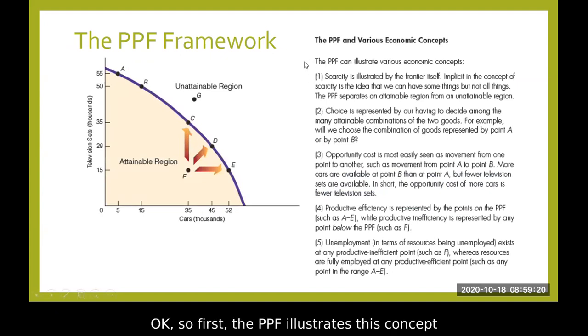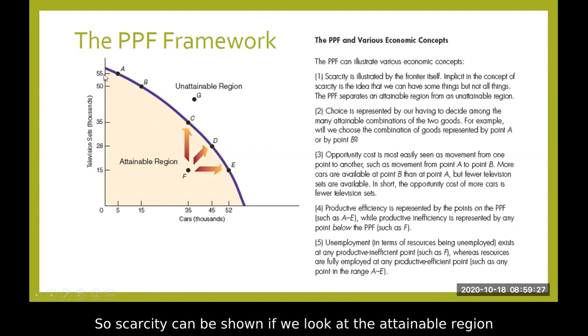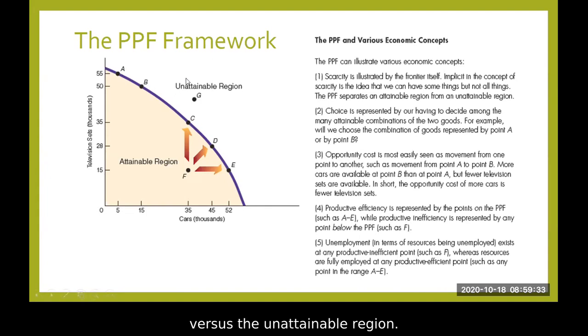Okay, so first, the PPF illustrates this concept of scarcity. Scarcity can be shown if we look at the attainable region versus the unattainable region. This production possibilities frontier curve, this purple line, separates these two regions.